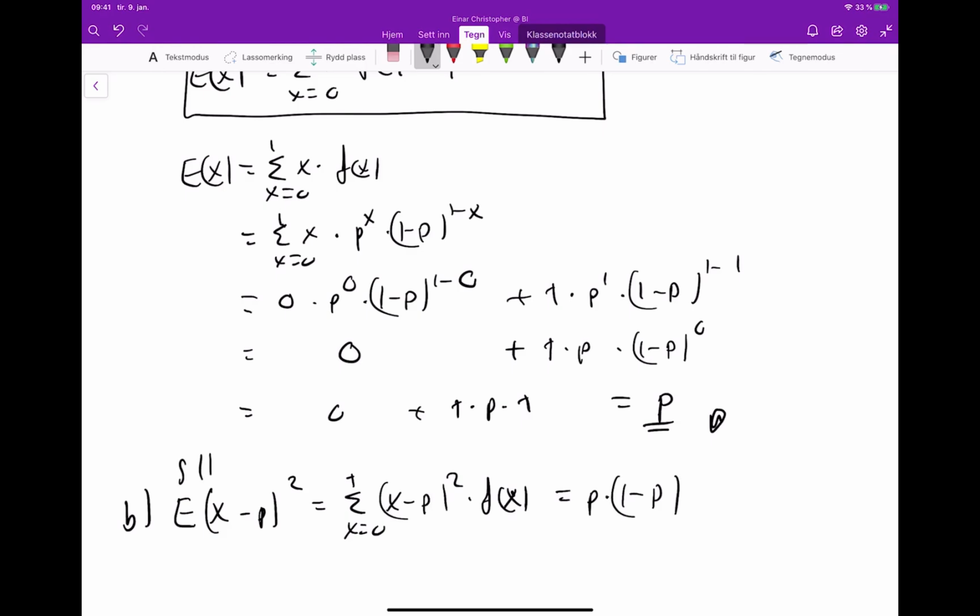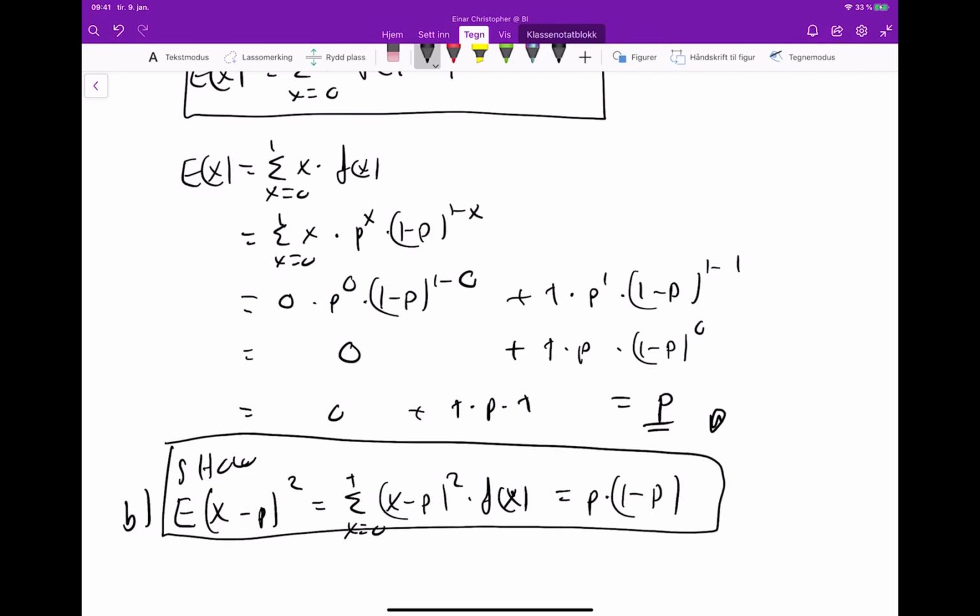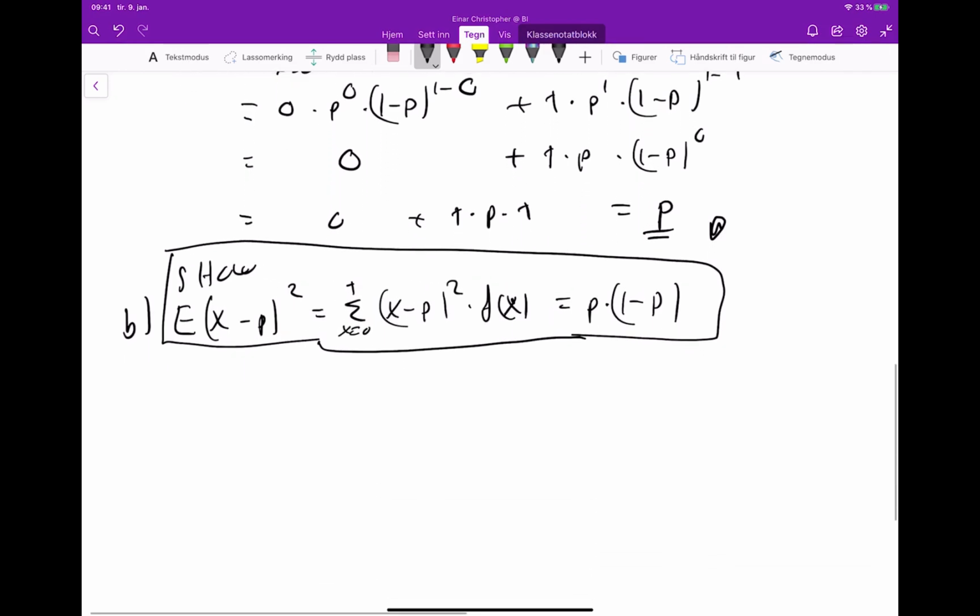So this is what we are going to show. But this is nothing else but the variance of x.